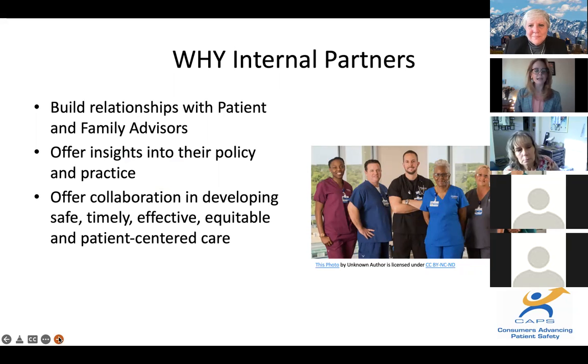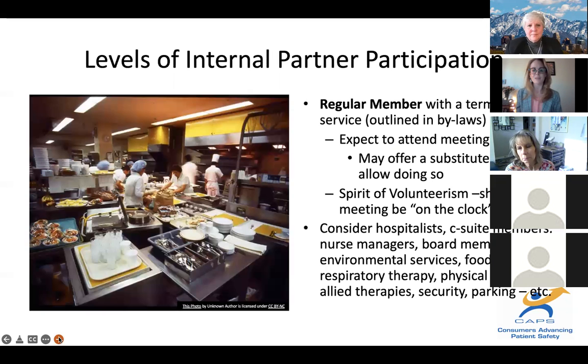I like to say stakeholders at every single touch point of care. So at every level of care that the patient goes through, where a medical error can occur or where there's an opportunity for patient engagement, we want to have staff from all levels participating in our PFAC. Next slide, please. Thank you.